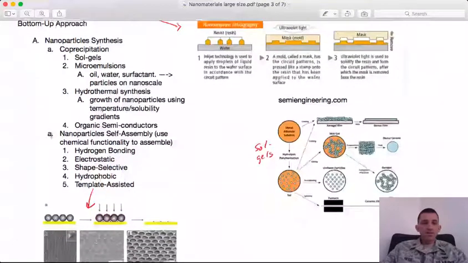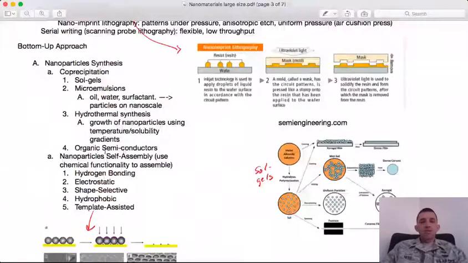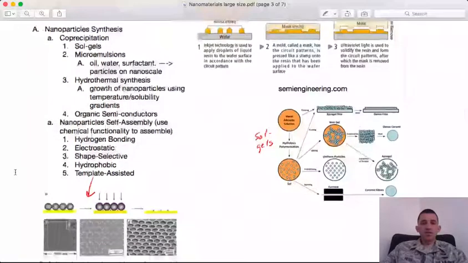And then lastly, you have organic semiconductors, which form nanostructured elements, because these are relatively large molecules that self-assemble. So this starts to get close to what we talked about here in the second way, this self-assembly.